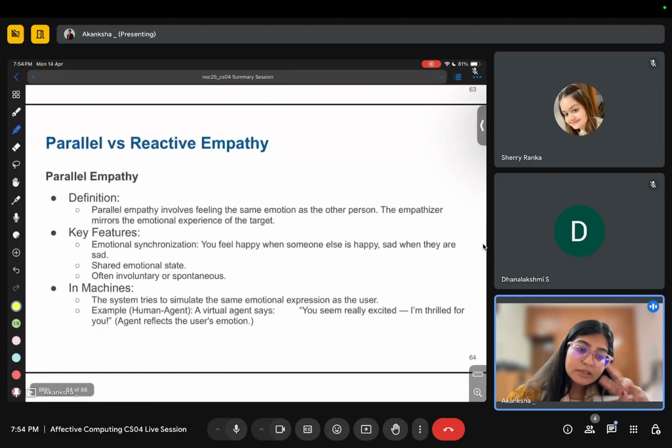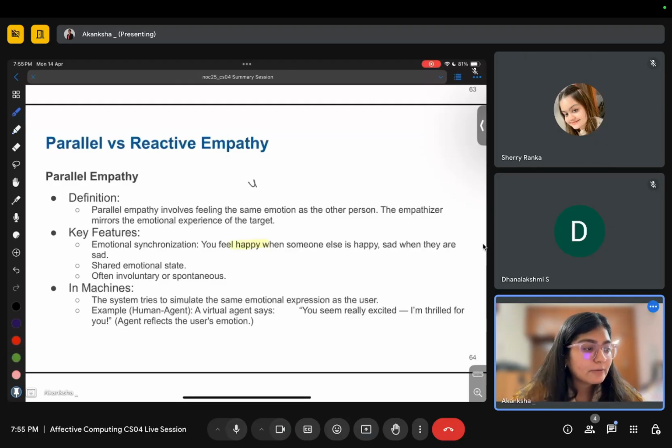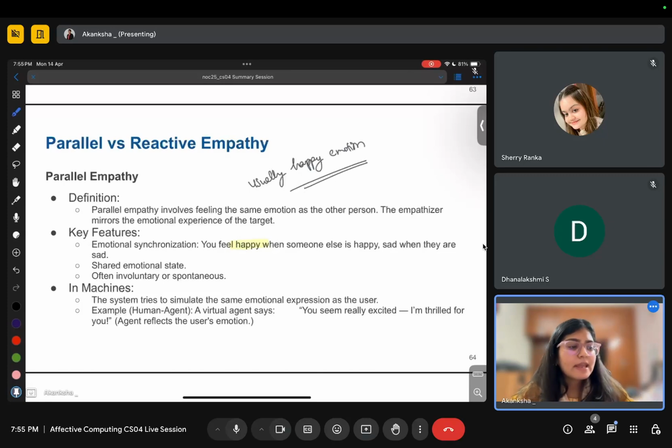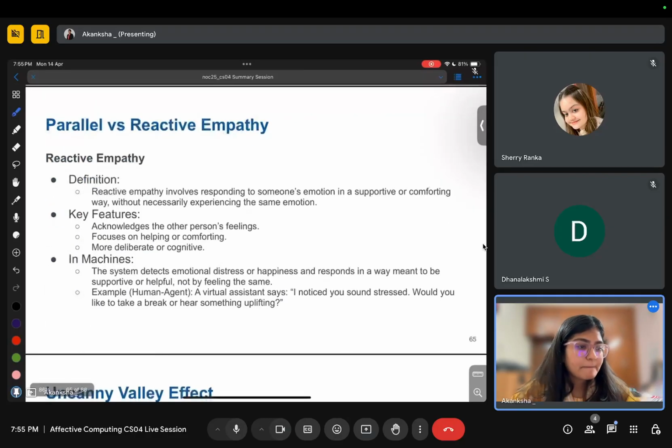There are also another two types of empathy. One is parallel versus reactive. We use parallel when we want to respond in the same manner, usually with a happy emotion, because when there is happiness, we want to experience the same emotion. But when there is sadness, usually reactive empathy is used.